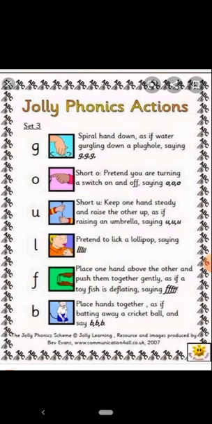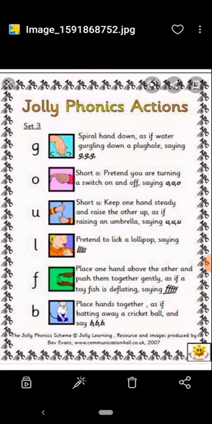Now the next sound, you can see the two black hands. Place one hand above the other and push them together gently as if a toy fish is deflating and say f.